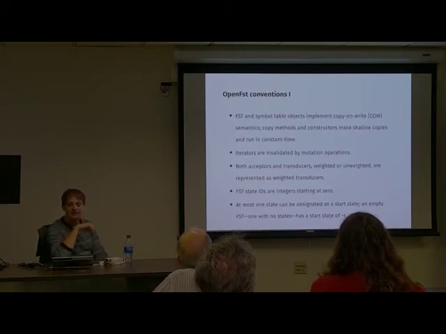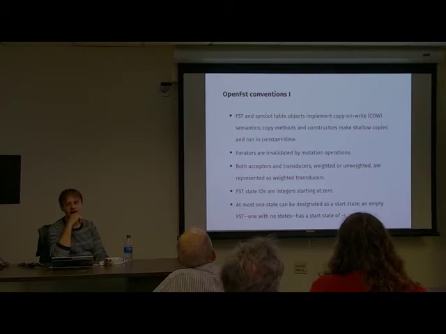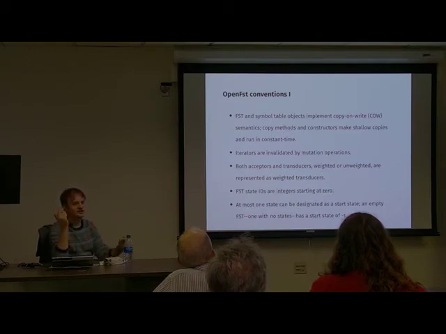Any copy method or copy constructor in the library makes a shallow copy in constant time. It literally just increments an integer. That's all it does. So you can write kind of crazy, very inefficient looking code that is actually quite efficient. It's only when the machine is mutated that we actually have to make a deep copy. We have a bunch of iterators, and they're of course invalidated by mutation operations.